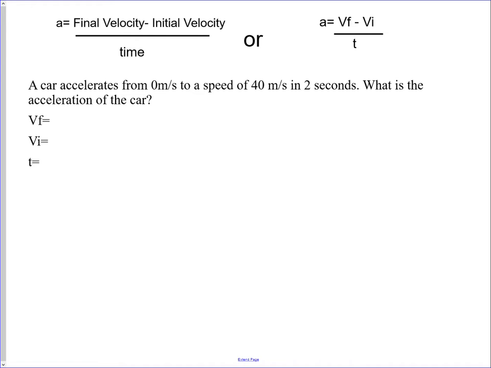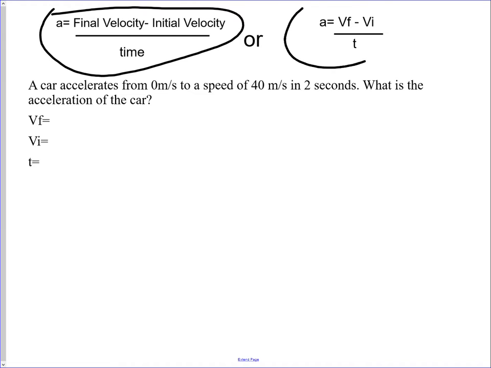Our formula for acceleration is the final velocity minus the initial velocity divided by time, or it can also be written as A equals VF minus VI divided by T. Those are the same things, just written in a different way.